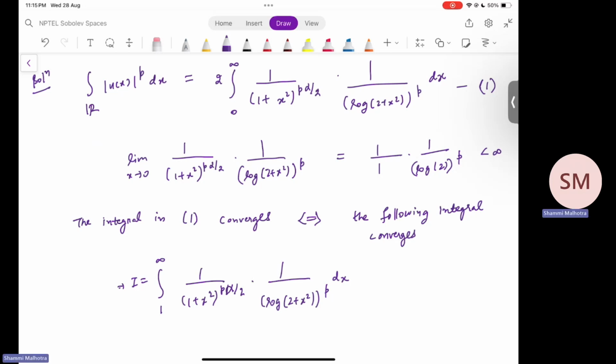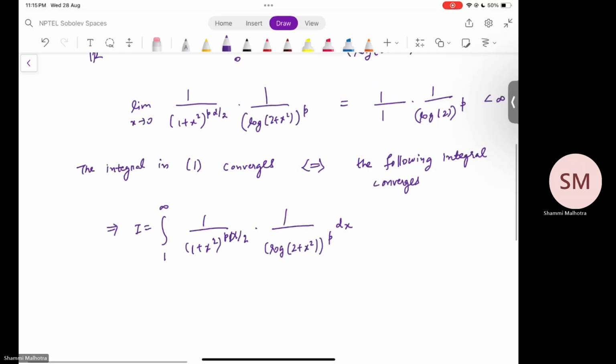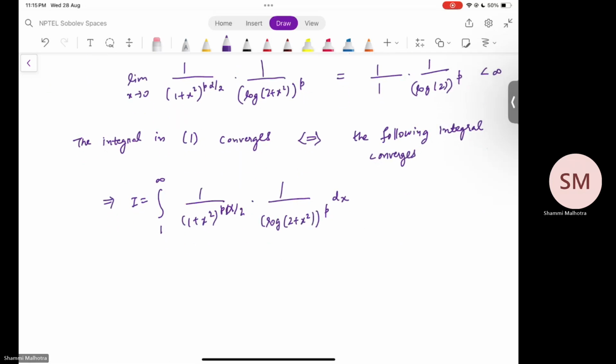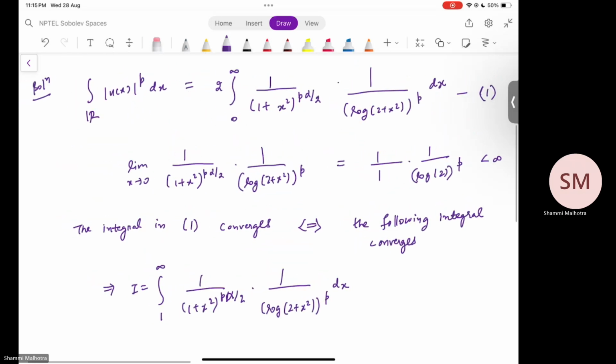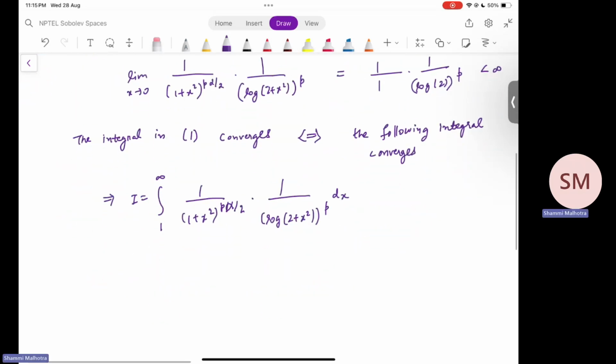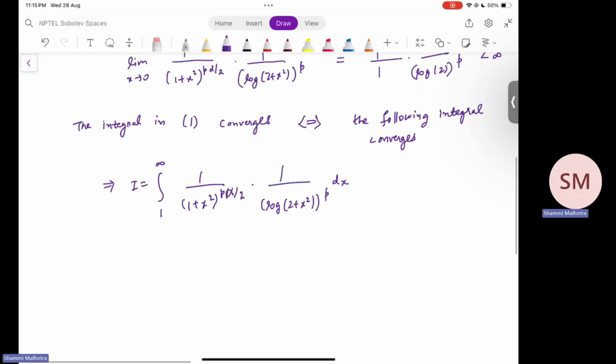So it's enough to evaluate the convergence property of this integral.